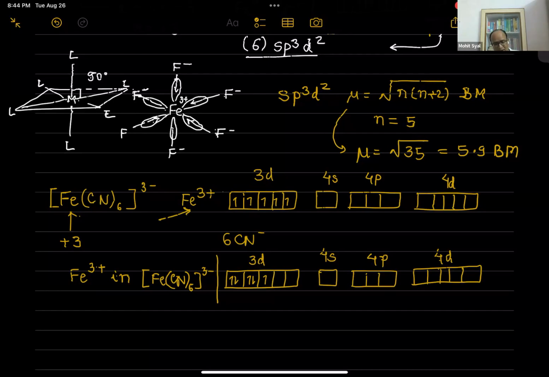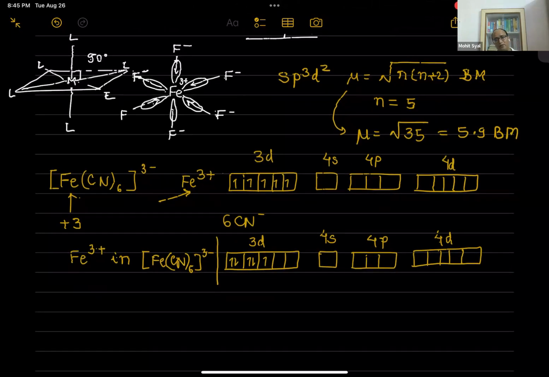You are absolutely correct if you are dealing with an isolated atom, but is the central atom isolated now? No, it is surrounded by the ligands. And strong ligands will try to force the unpaired electrons to pair up. Is it clear? Yes, sir.